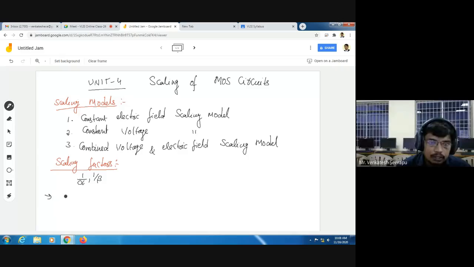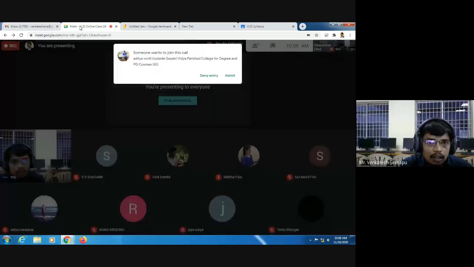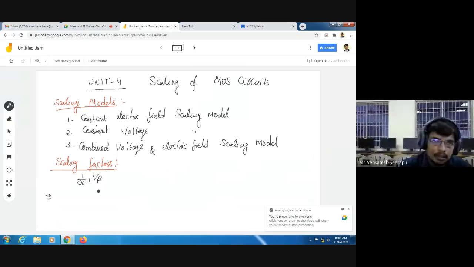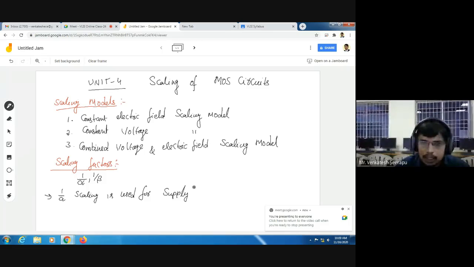1 by alpha is a scaling factor used for supply voltage and other voltages.